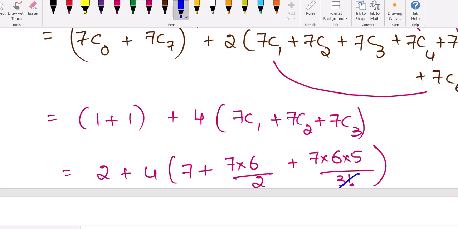Now 3 factorial and 6 are the same. So here we got 21 plus 7, 28, 28 plus 35, 63. 63 into 4 will get how much? 252 plus 2, 254.